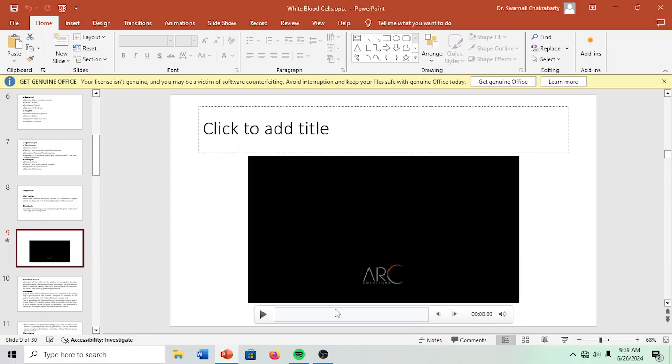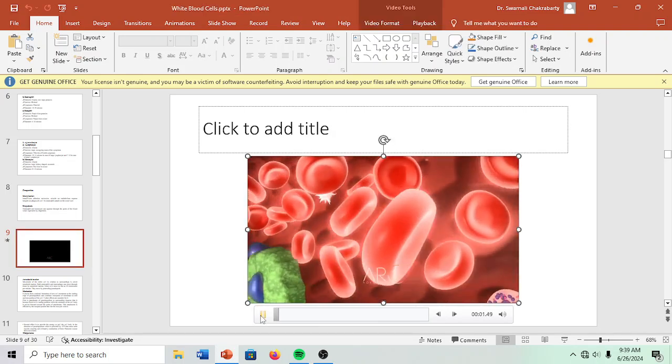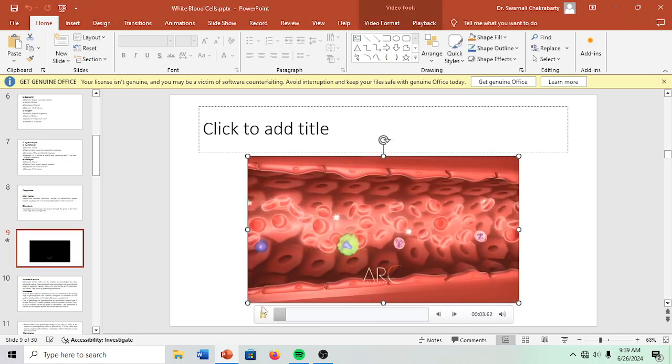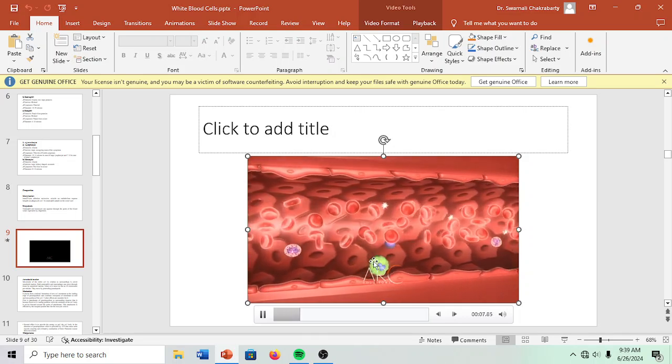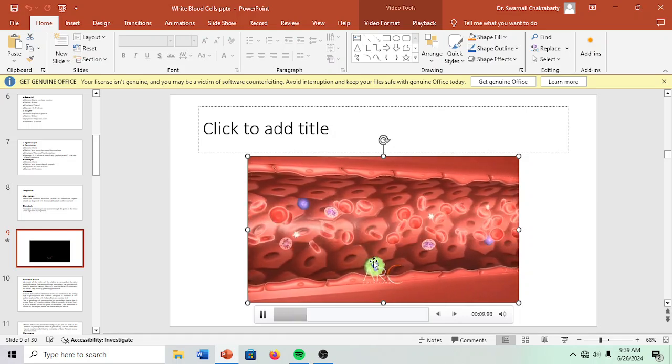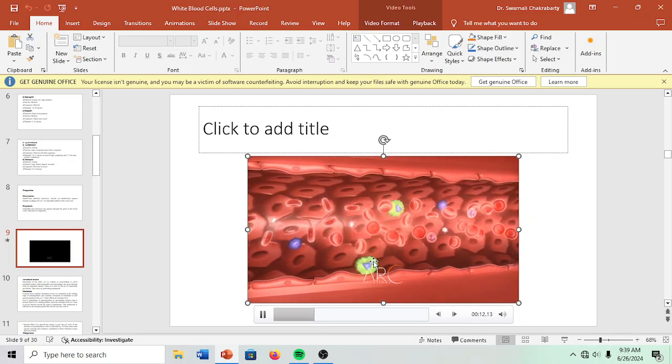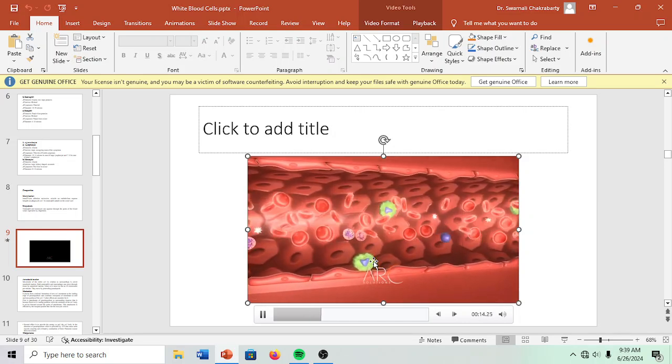And this is a video that will show this property. These are the red blood cells, red in color, and also these are the WBC. Now WBC is attaching to the surface of the blood vessel.